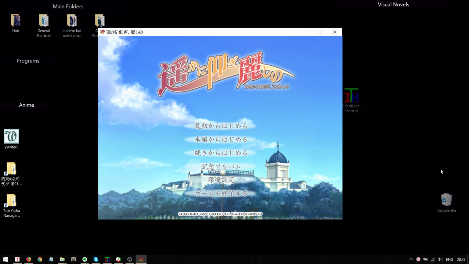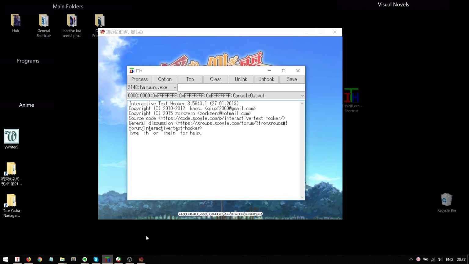But before that, for reading Japanese, we will need a few tools that are very commonly used. The first tool I'm using is ITH, Text Hooker. ITH will capture most games automatically.